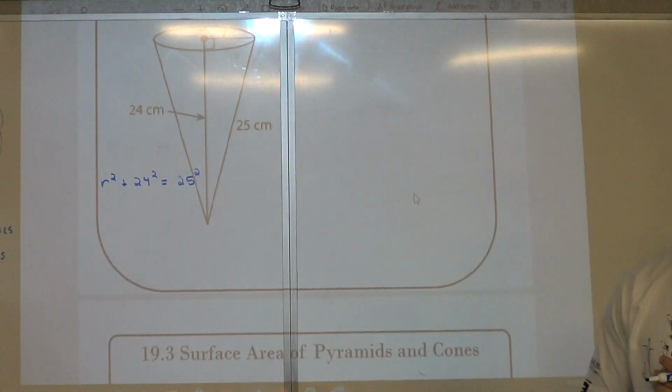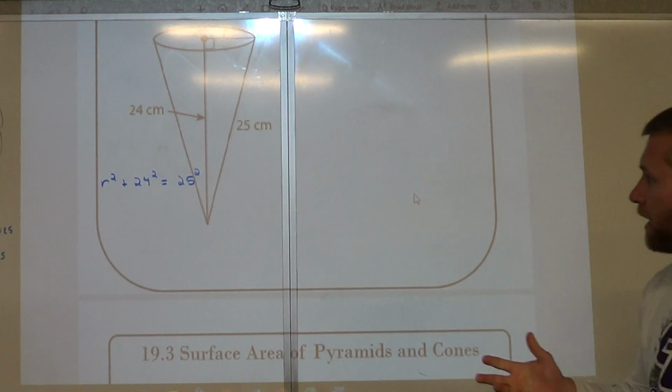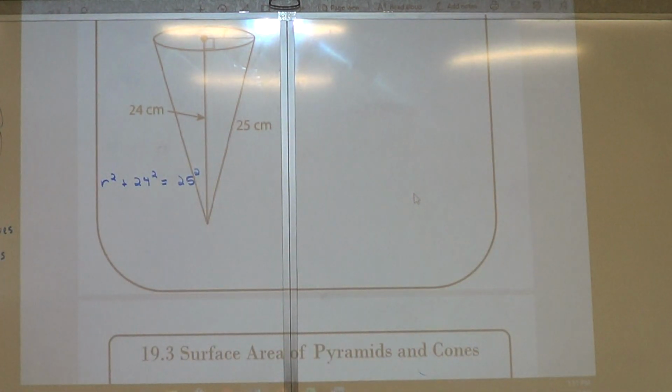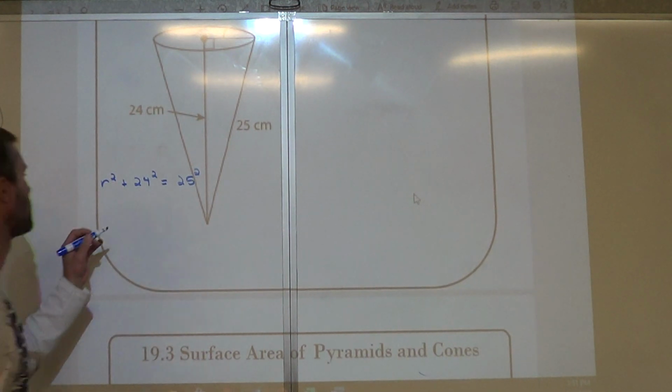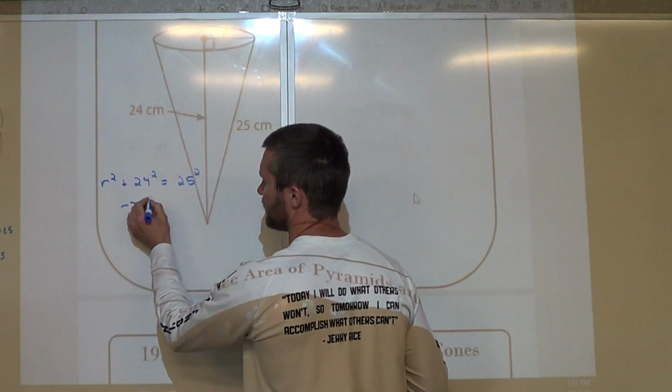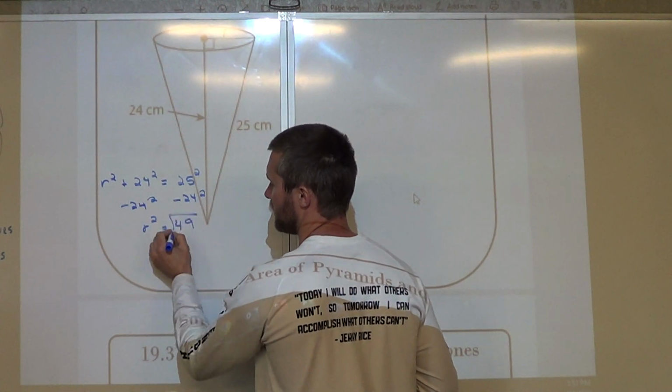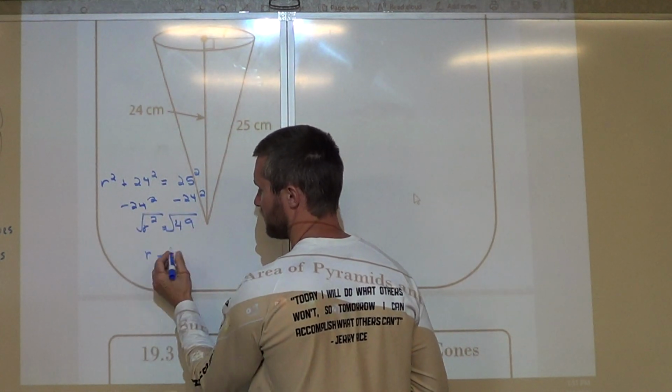I'm going to jump ahead, but you go 25 squared minus 24 squared, and then take the square root of that. So r squared will equal 49, and r is equal to 7.